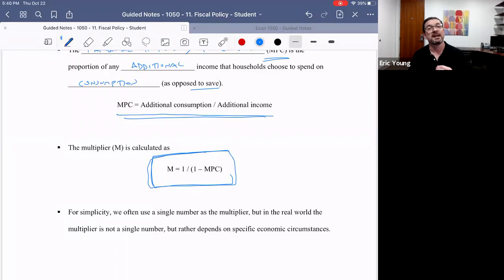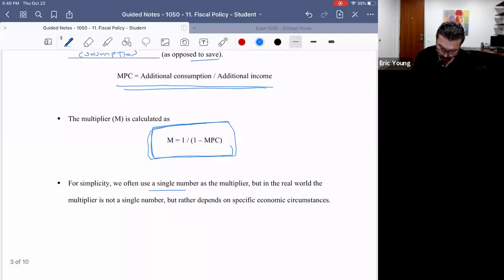That multiplier, again, will be the multiple by which any direct fiscal policy will amplify, multiply, fully expand throughout the economy. Now, in econ, for simplicity, we typically just use one single number as the multiplier in our models and our case studies and in our problem solving.